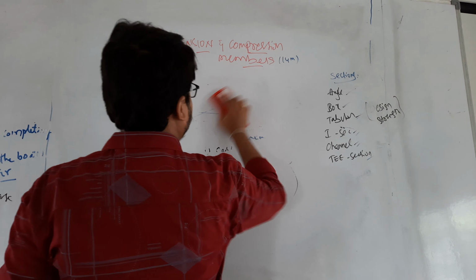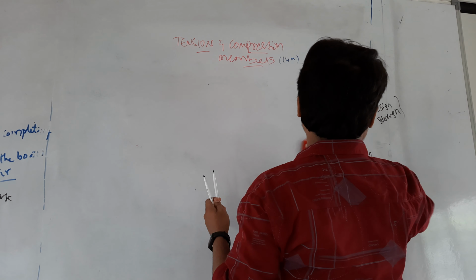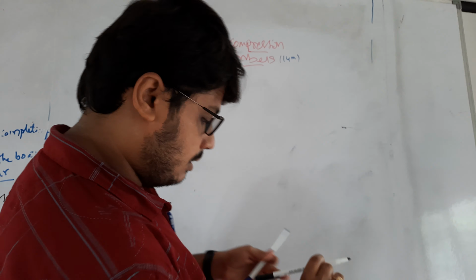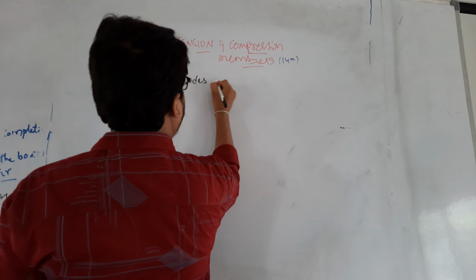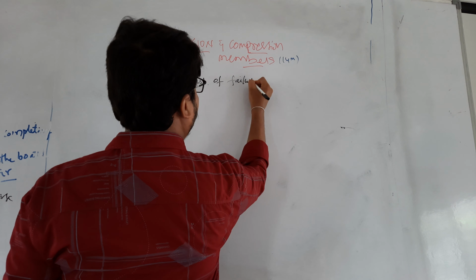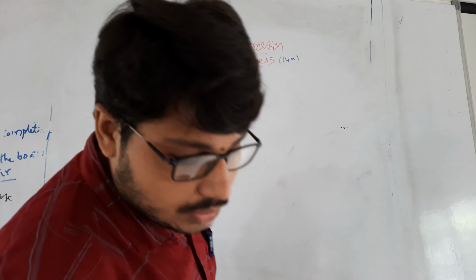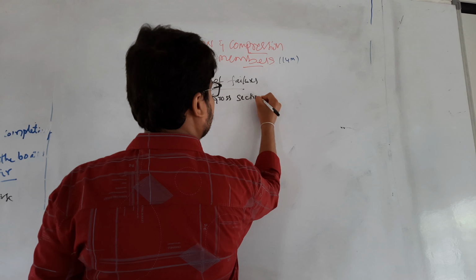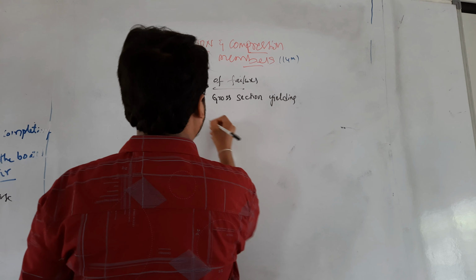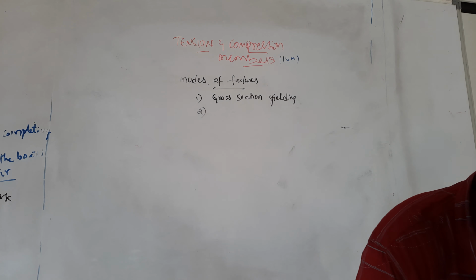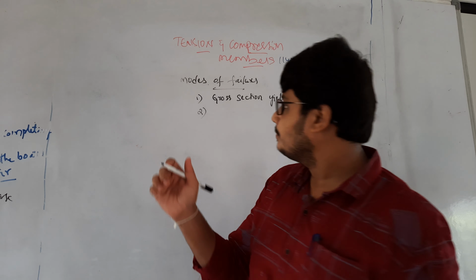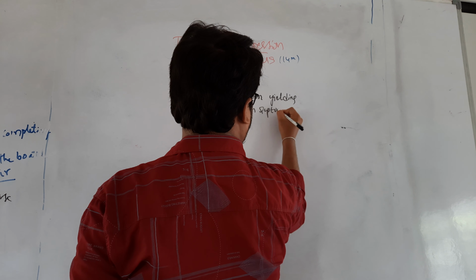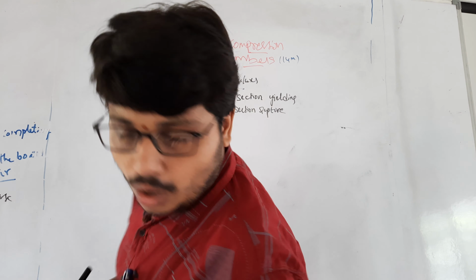The modes of failure are: first, gross section yielding; second, net section rupture; third, block shear failure.